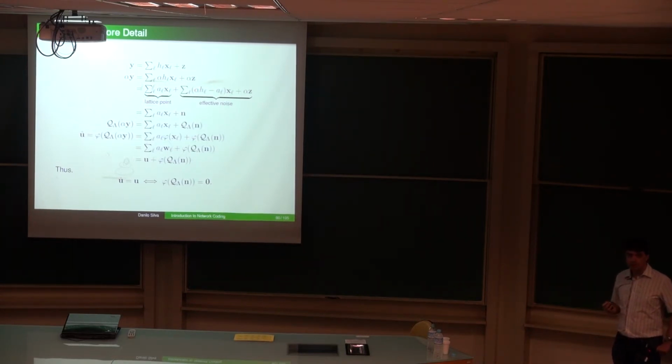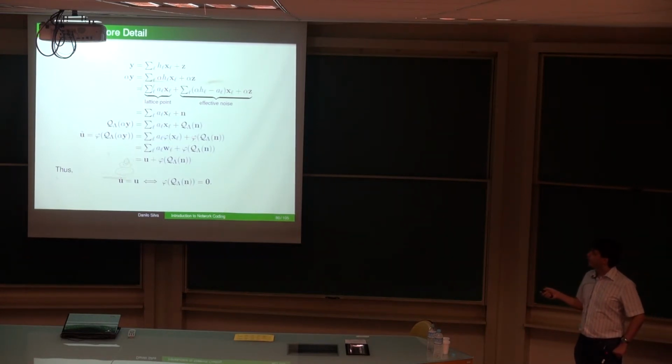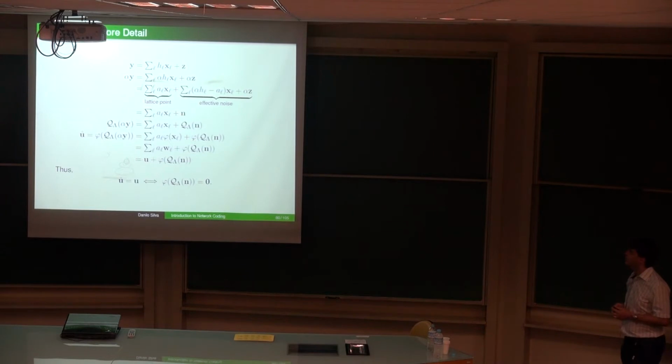So the point of alpha here is to somehow move these complex coefficients to integers, to make them close to integers, so that you can approximate with these integer coefficients here. Okay?